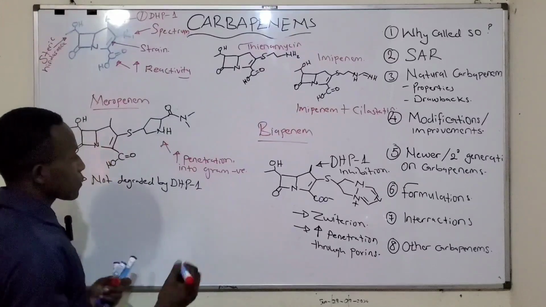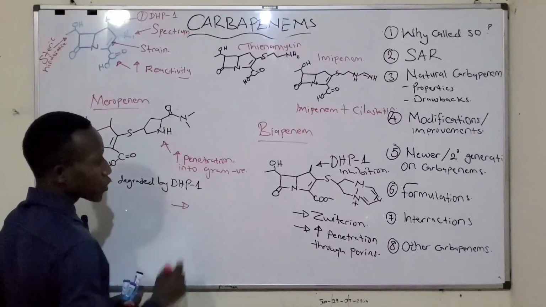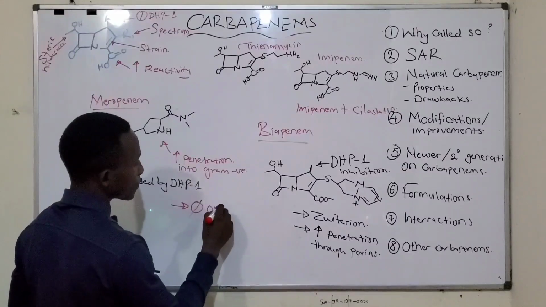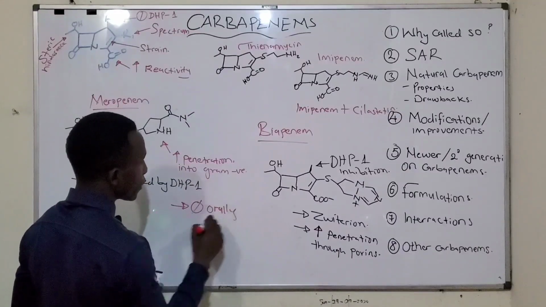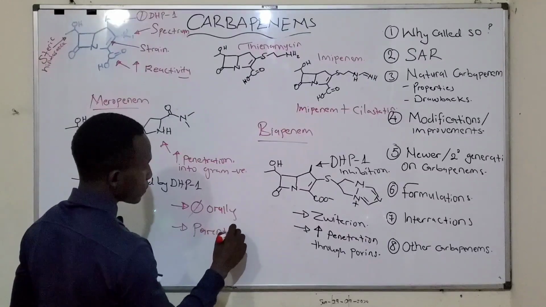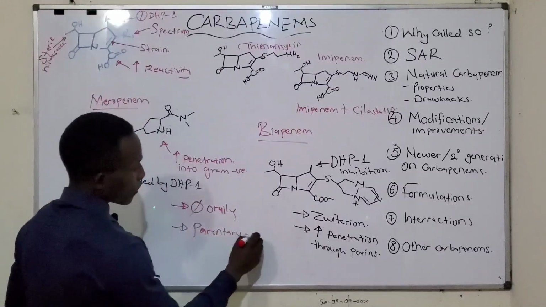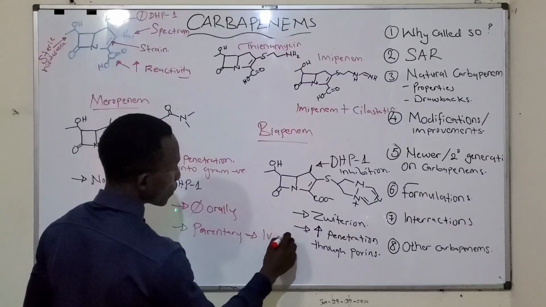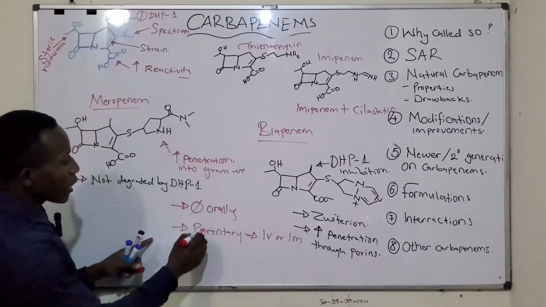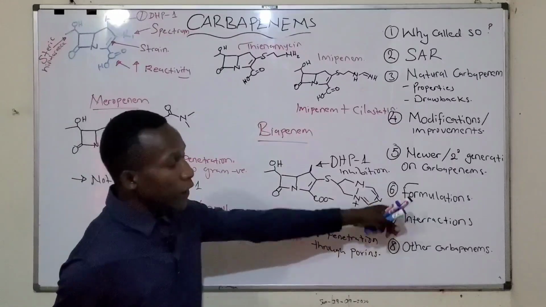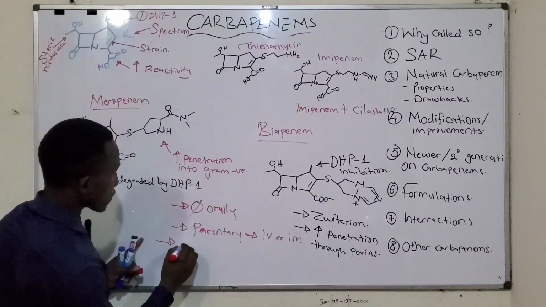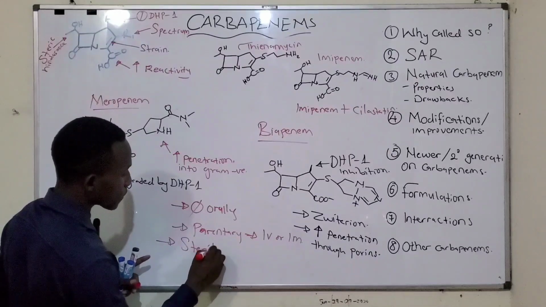These drugs are unstable in solution, as we said, so they are not given orally. They are given parenterally, either IV or IM injection. And for the formulation, these drugs are made as a sterile lyophilized powder.